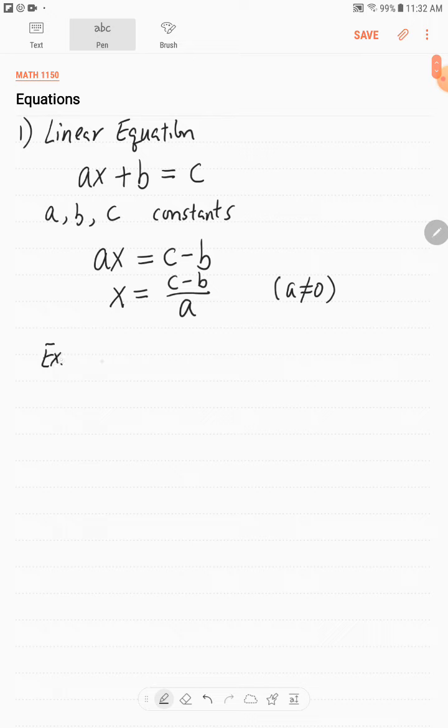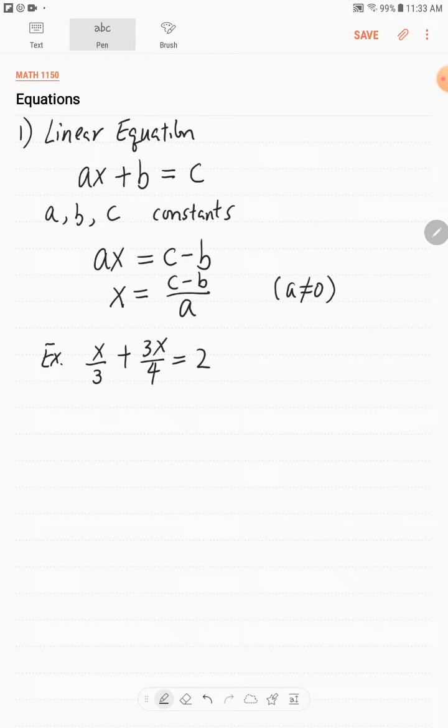And this is a linear equation involving fractions: x over 3 plus 3x over 4 equals 2. To solve this kind of equation, the first thing is we need to get rid of the denominator. We have denominators 3 and 4.